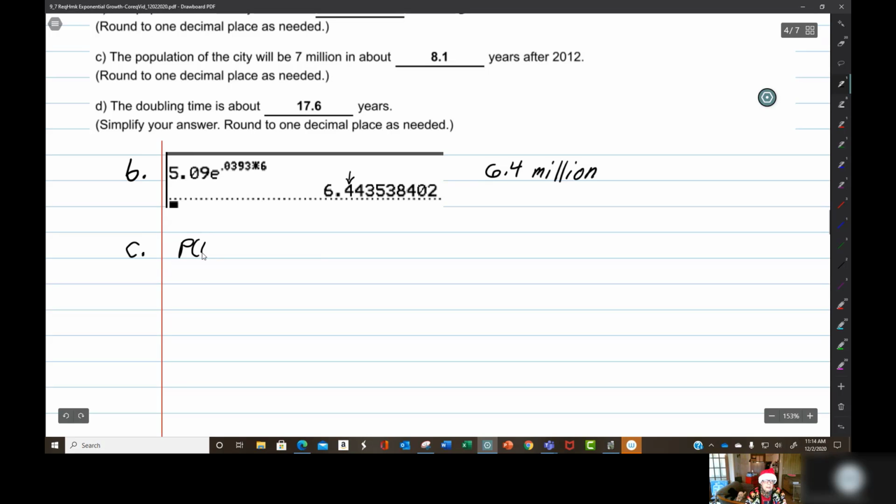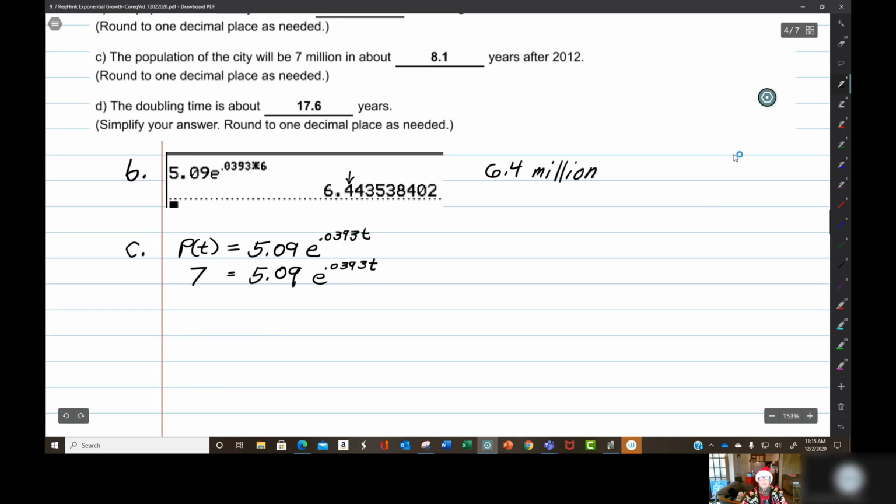P of T equals 5.09 e to the 0.0393 t. Now they're saying, when's it going to be 7 million? So I put 7 equals 5.09 e to the 0.0393 t.